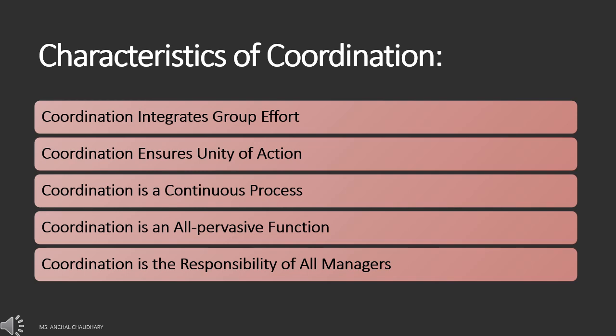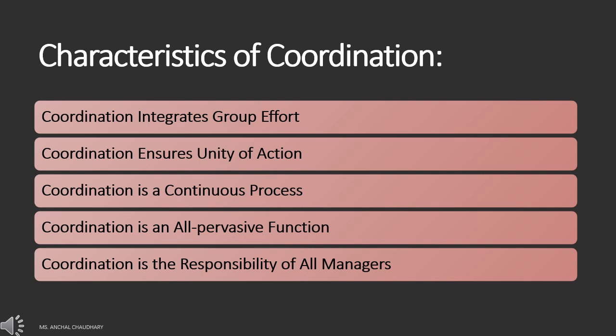But if the same task is given to a single employee, then he might not be able to complete that task as efficiently, or it will take more time than the group task. So coordination integrates group efforts so that organizational objectives can be achieved.